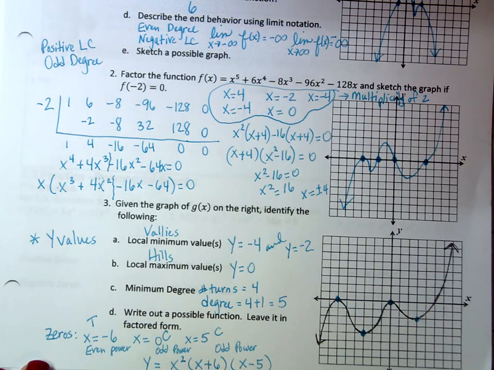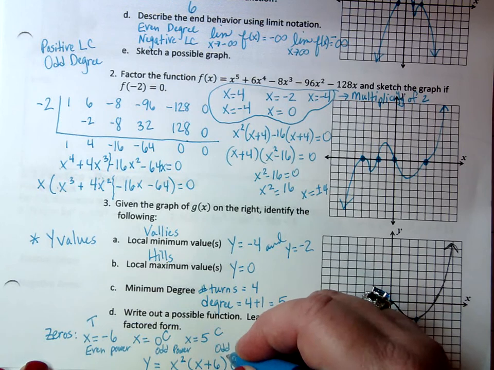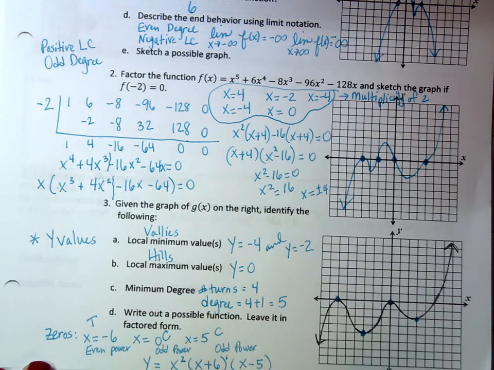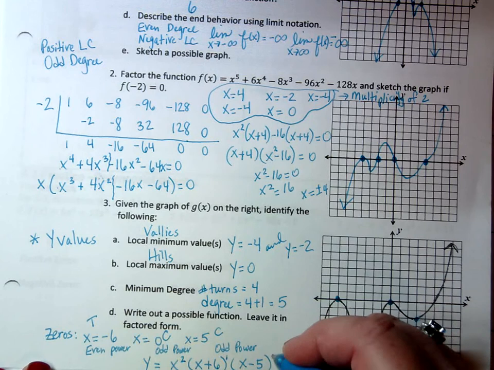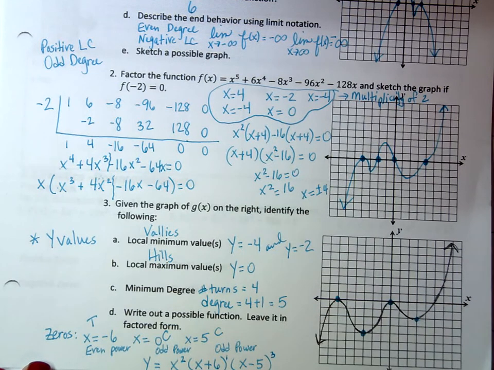That would be, you can make it to the first. And this guy has to be something else that's odd. It has to be at least a degree of 5, so I'm going to make this guy a cube. Odd power. Now remember that the minimum degree has to be 5. It doesn't have to be 5, it just has to be 5 or more. So do I have that? I've got 2, 3, 4, 5, 6.